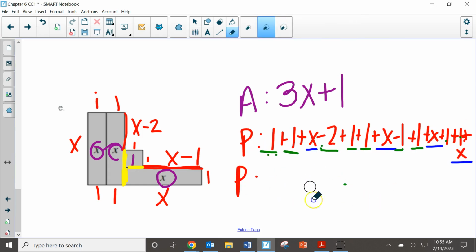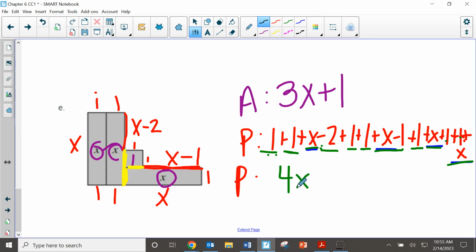Okay, so now I'm going to solve, and I'm going to combine my like terms. So I have 1, 2, 3, 4 x's. Now I'm going to add up my positive numbers, and I'm going to add up my negative numbers.